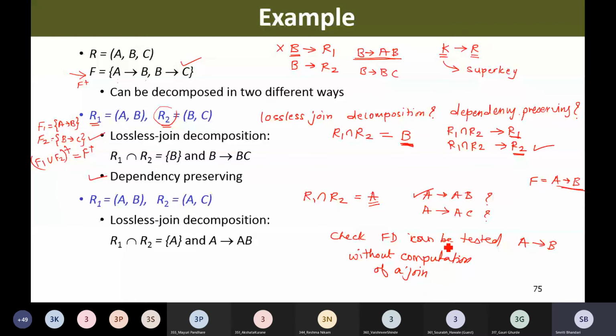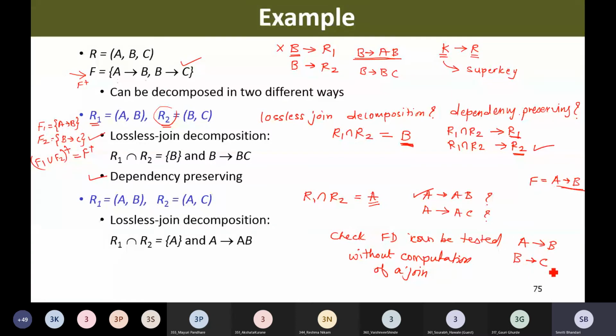Now, the next dependency is B to C. Can this dependency be tested without computation of a join of R1 and R2? No. B is in R1, C is in R2.